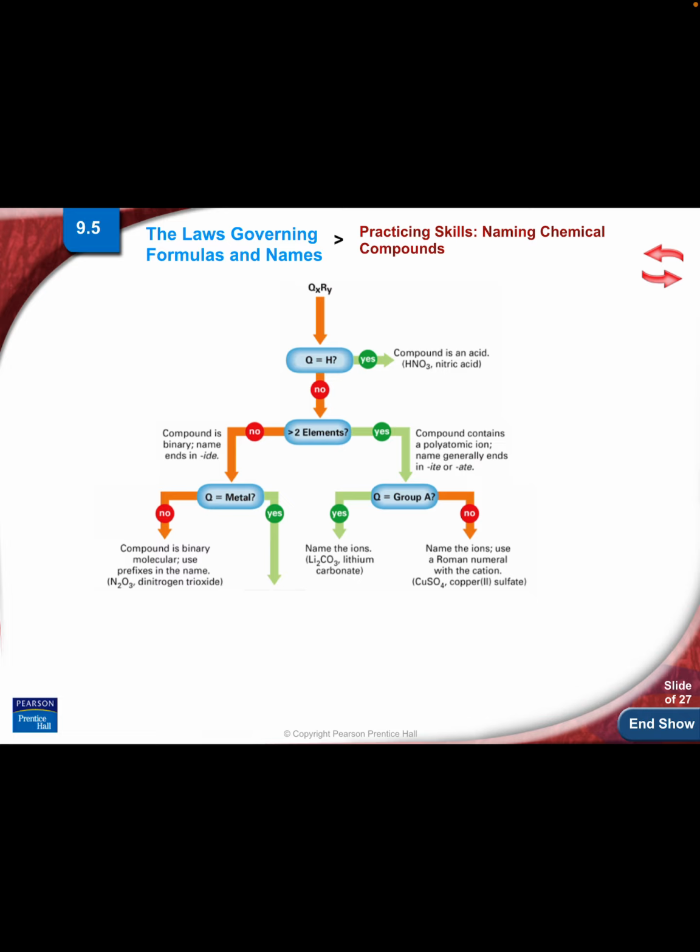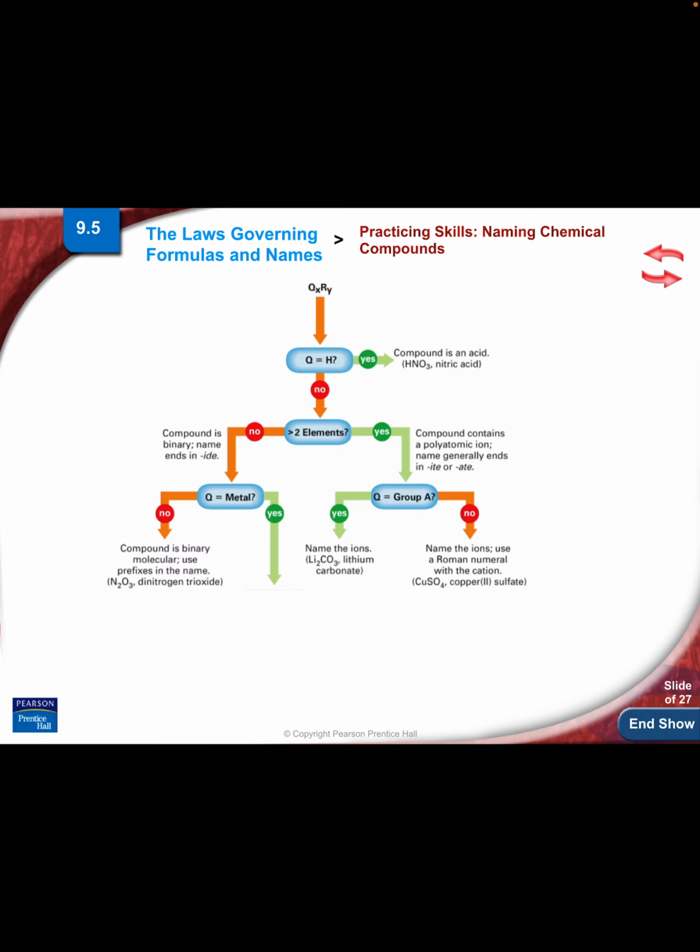And staying on the left side, if the Q, the cation, is a metal, let's say it's not, then it's a molecular compound. If it's not a metal, it can't be a metal salt. So it must be a molecular covalent compound.